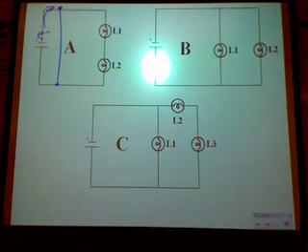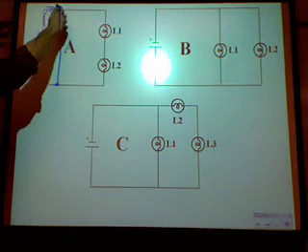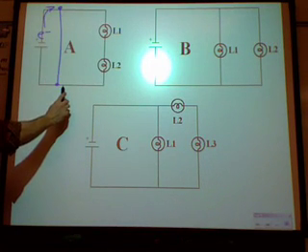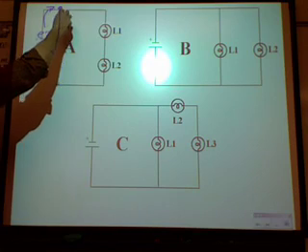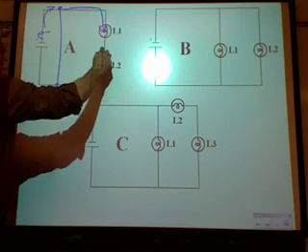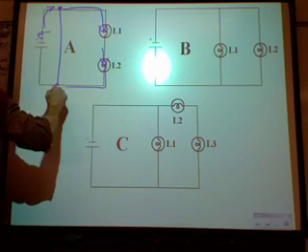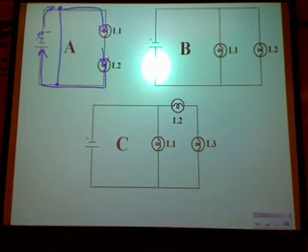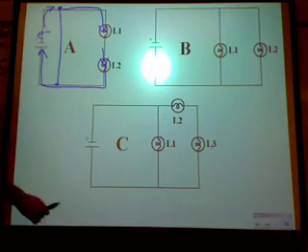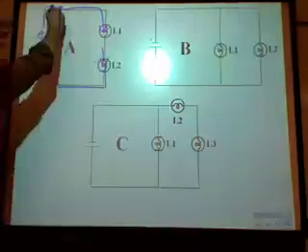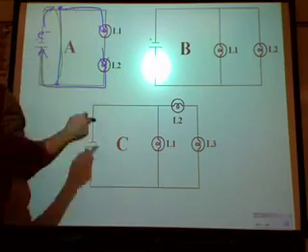You have two choices. Option A, you can go through this nice thick wire and straight to the other side. Option B, you can go through the tiny little filament here of both bulbs to get to the other side. Which are you going to choose? The thick wire. A. Okay? This is the easier path. All the electrons would go this way. None of them, zero, would go that way.